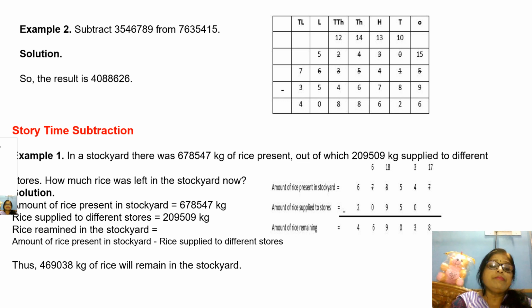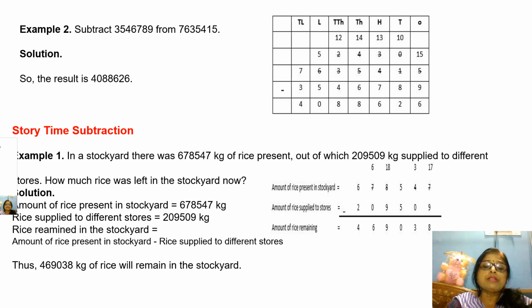Now, next one is the problem sums. Next question is given here. In a stockyard, there are 6,78,547 kg of rice present, out of which 2,09,500 kg was supplied to different stores.